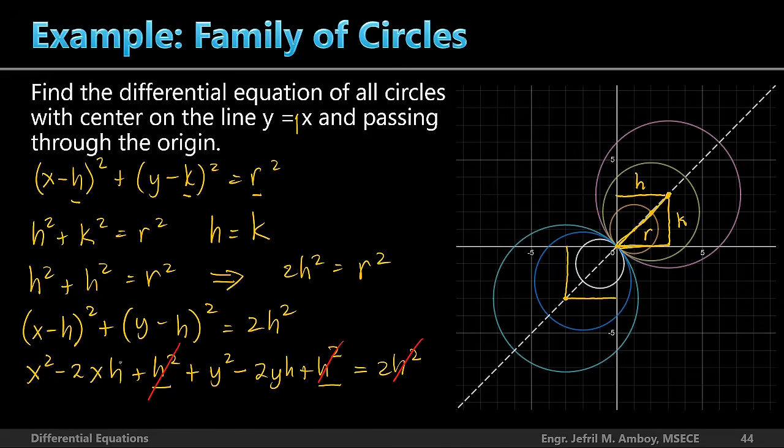Now, ang gawin natin is pagsamahin natin ang mga terms na may arbitrary constant na h. So first, ito munang x squared. X squared plus y squared. Okay, so we have a common factor, negative 2h. Kaya, siya yung common factor mo.